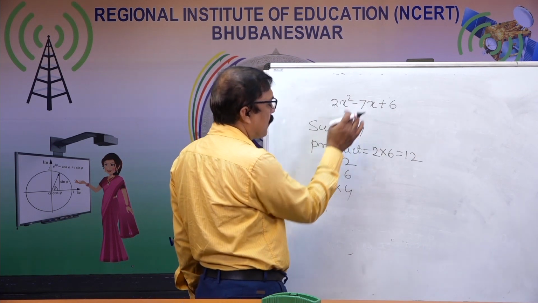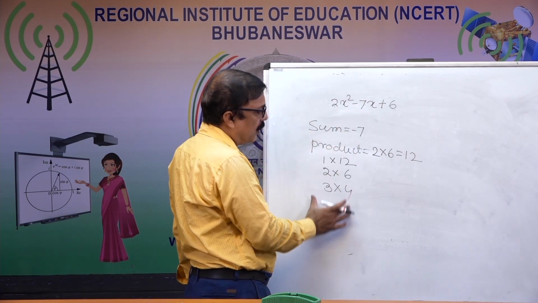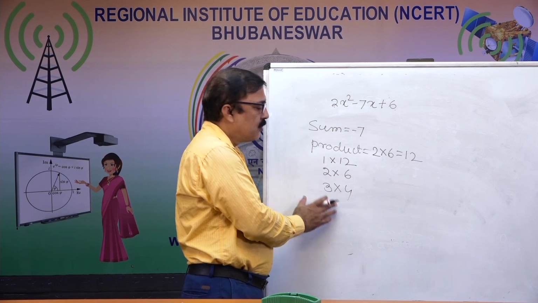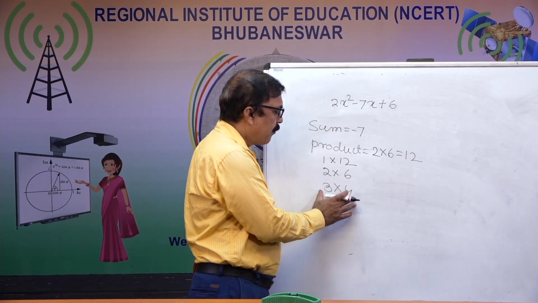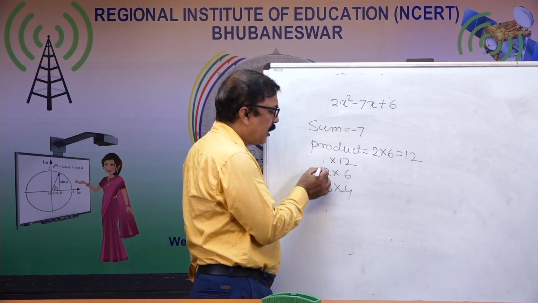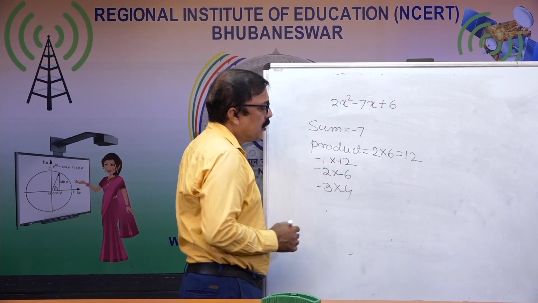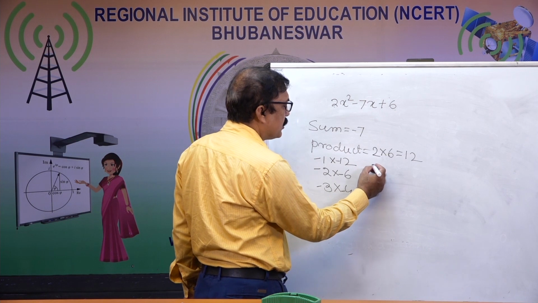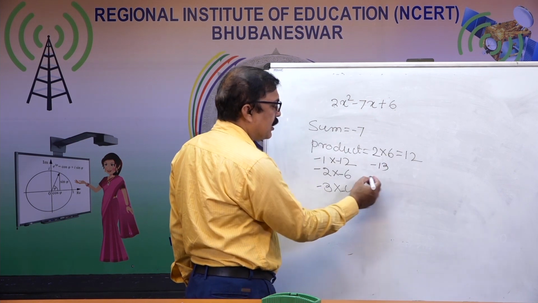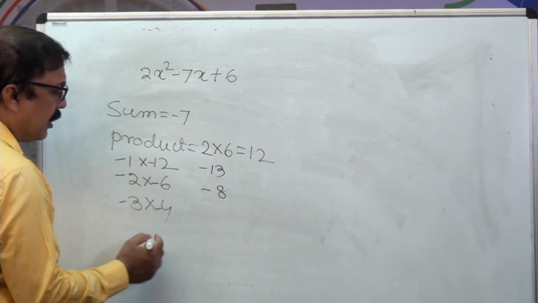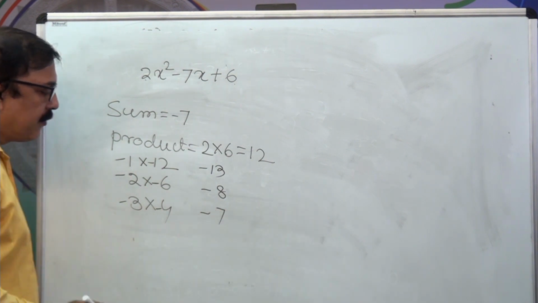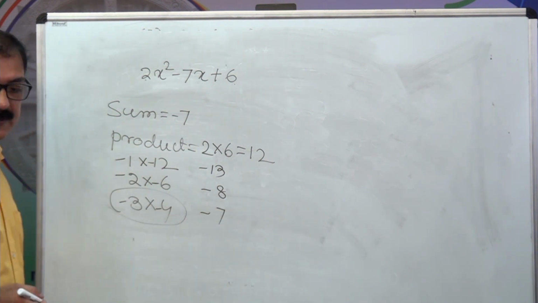Here the sum is minus 7, so if we take all positives, the sum will be positive. So we have to take negatives. In this case, the sum is minus 13. In the second case, it is minus 8. In the third case, it is minus 7. So this is our choice.